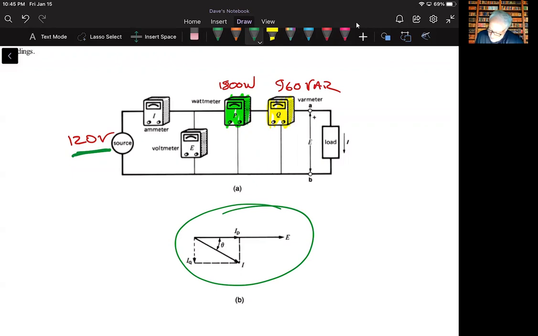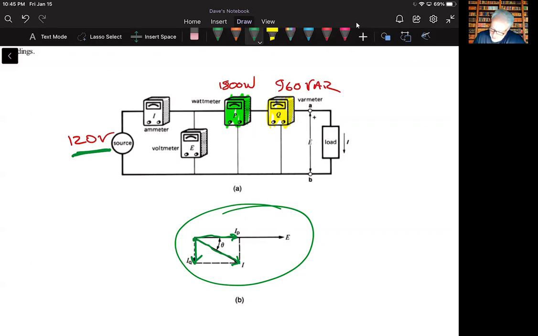We're looking at an angle and we know side opposite over adjacent, and that type of relationship. Bottom line is, what we're trying to do is figure out what the line current is, what the active current is, and what the reactive current is from what we're given.